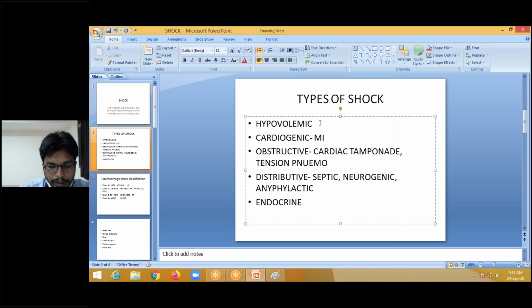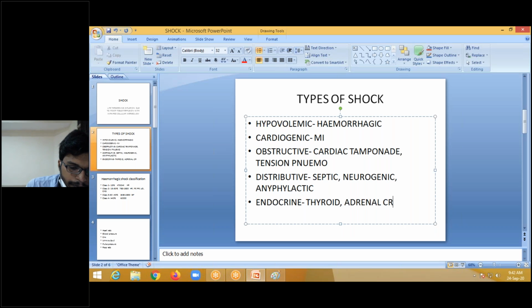As you all know, we have covered this in the last class. And endocrine, maybe hyperthyroid or hypothyroid, and adrenal crisis. Okay.